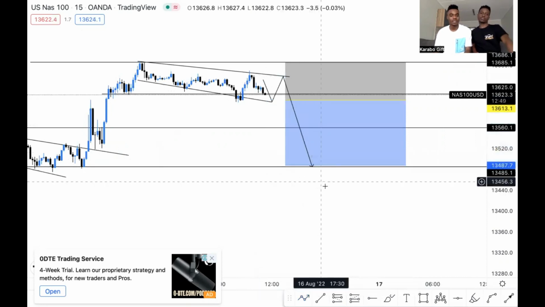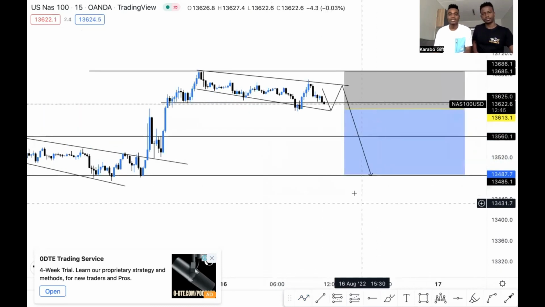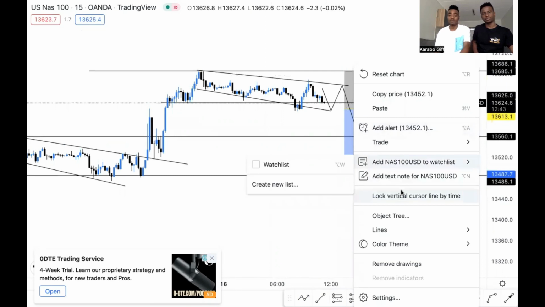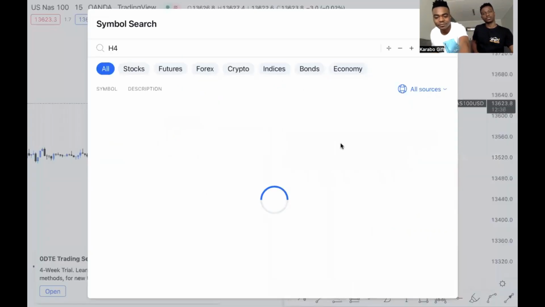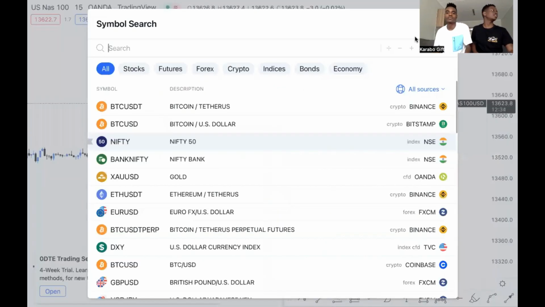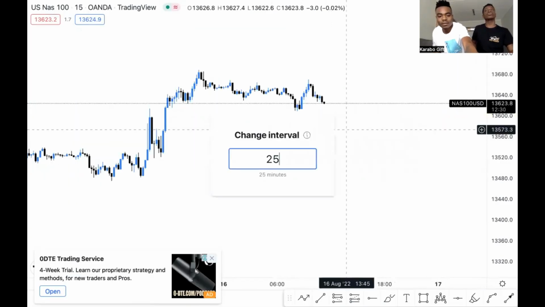It makes sense. From this point, now we're going to give you the overall direction of the market. We're going to remove all these things and move to our H4 time frame. Remember, don't forget what happened. It's nice when you know where you're going and where you're turning.